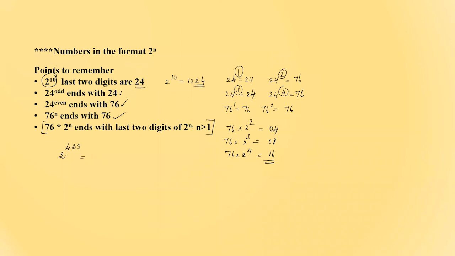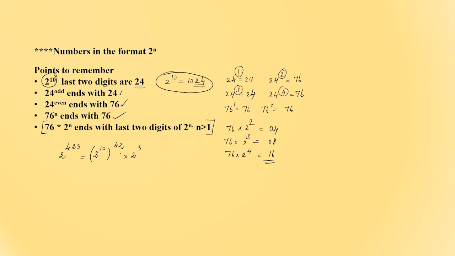I know that 2 to the power 10, the last two digits is going to be 24. So I can write it as 2 to the power 10, raised to the power 42. This gives me 2 to the power 420. But I'm still left with 2 cube, right? 420 only was taken, 3 was still left out.